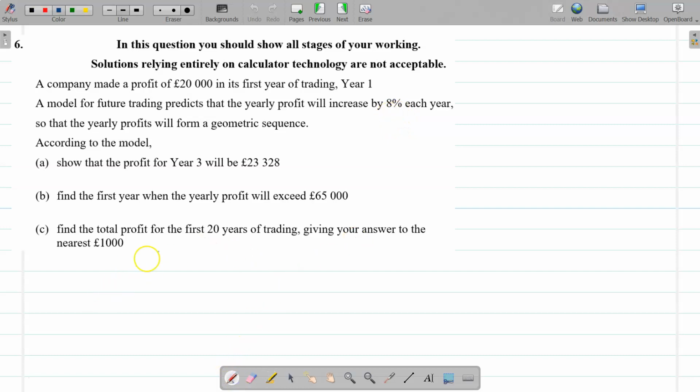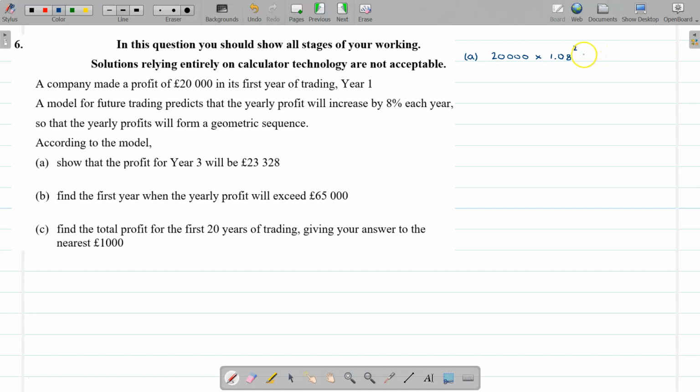So what I need to do for part A is simply start with 20,000 and multiply that, increase that by 108% twice over. So it's 1.08 squared.